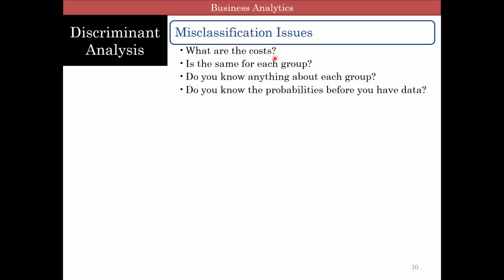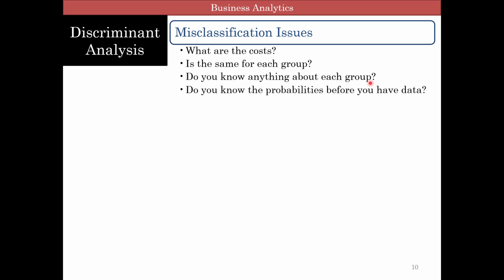What if the classification is you have cancer versus you don't have cancer? And the doctor says, you're in group 2, you have cancer when you don't have any cancer. Or the doctor says, you're in group 1, you don't have any cancer, but you do have cancer, right? So the costs may be higher for one group than the other. It's not the same for each group.